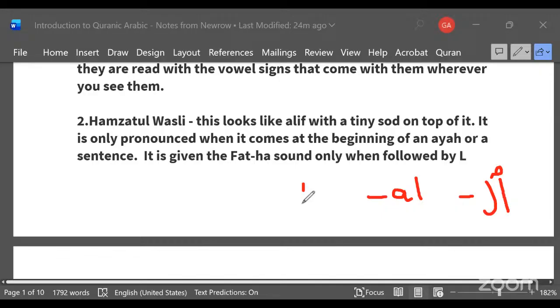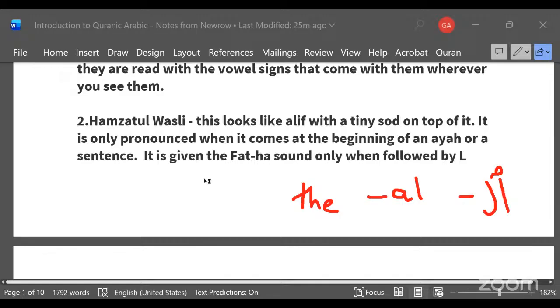It means the something. So whenever you see al, something written in the Quran, you know Allah is talking about something that is a proper noun. Any questions with that? Any questions? No, I'm just writing it down.